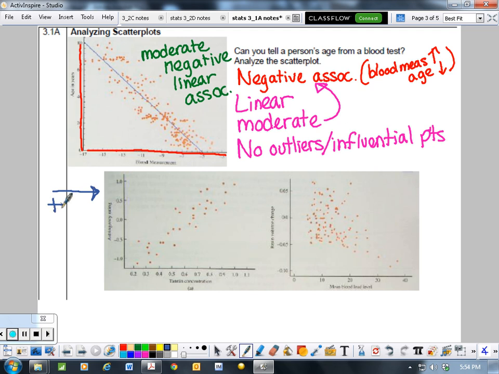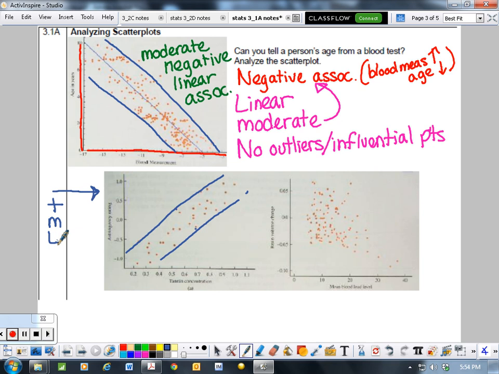When we're looking at the general width of it, it really isn't much different than the width there, so this would also be moderate. And I'm not seeing a lot of curves, so it's also linear. And I'm not seeing a lot of outliers.